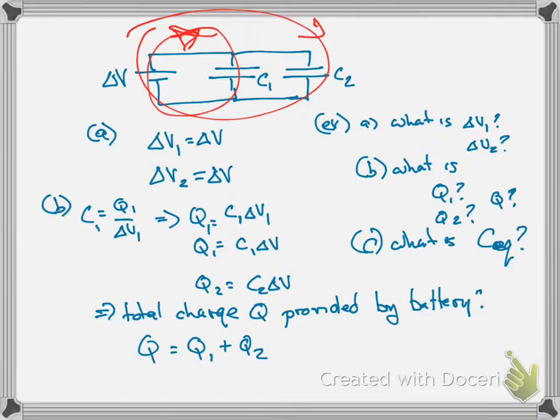Now it's easy to answer part C, the equivalent capacitance. The equivalent capacitance is the capacitor that takes the same amount of charge from the battery, right? So C equivalent must equal Q over delta V. The equivalent capacitor must draw the same amount of charge, Q, which equals Q1 plus Q2.